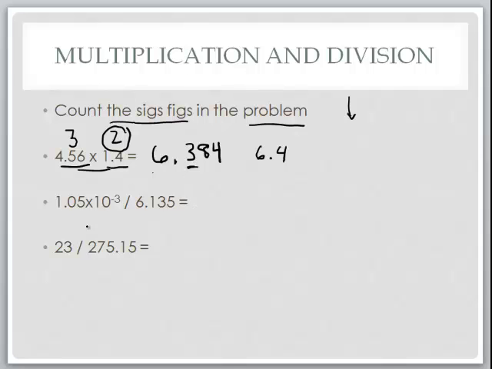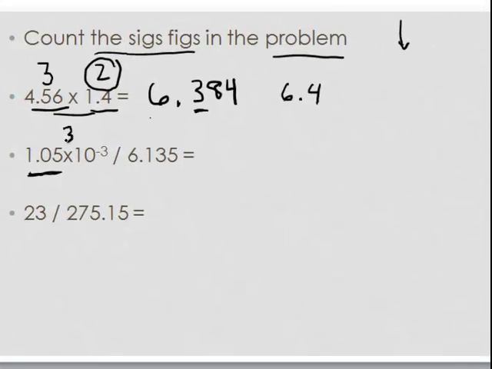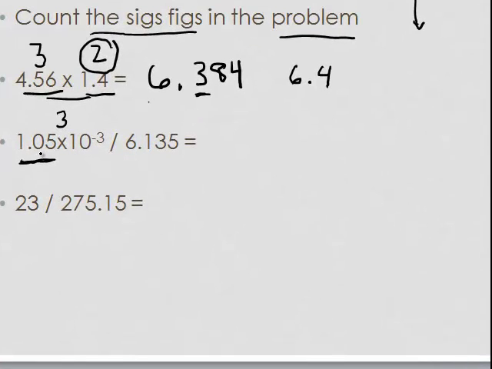Alright, let's take a look at the next one. And you can see it's a division problem. Now when you have a number written in scientific notation, the number of sig figs are determined by what we refer to as the coefficient. So 1.05, this number has 3 significant digits. Remember, trapped zeros are significant. This number has 4 significant digits.